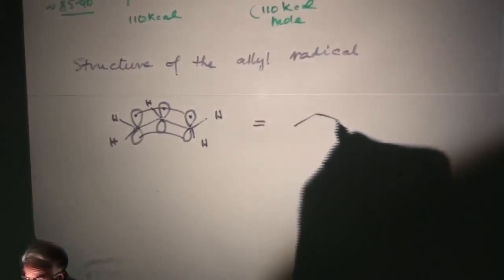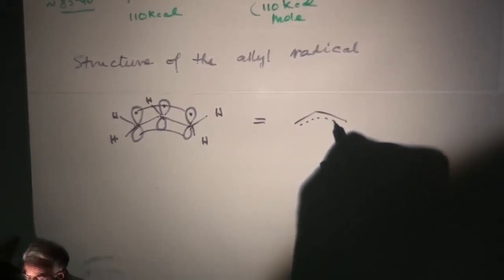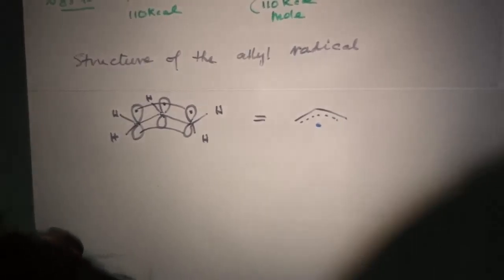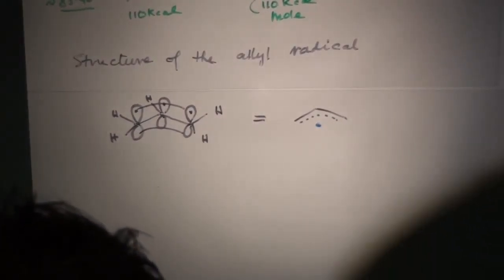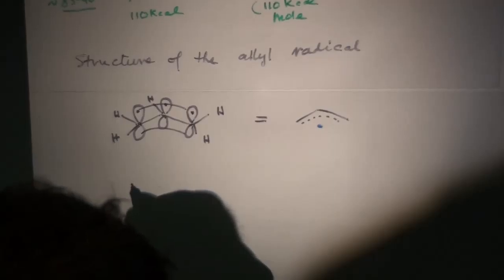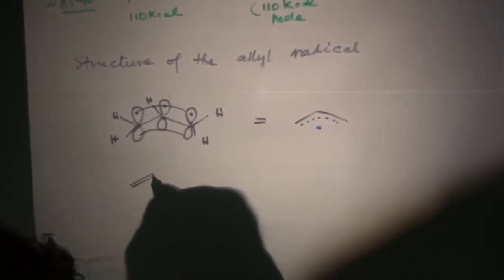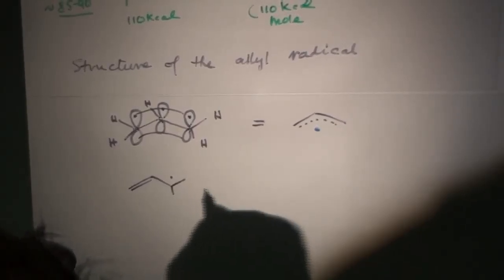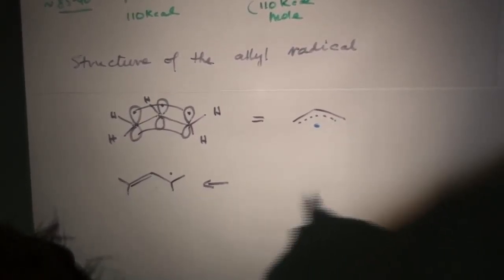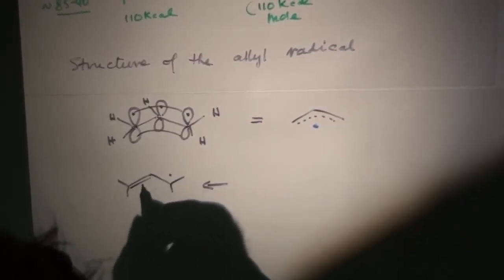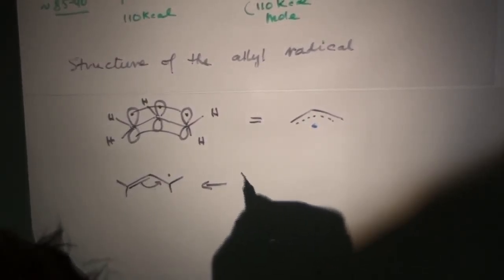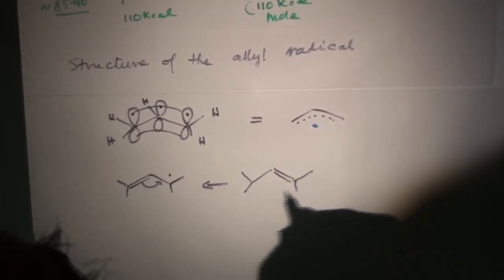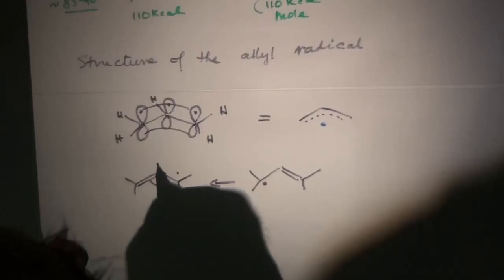We basically can draw this now like this with a partial double bond and an unpaired electron. Or, easier and more useful, is to say this is a double bond with an electron at this stage, and we can then move the electrons over, and we would have them there.